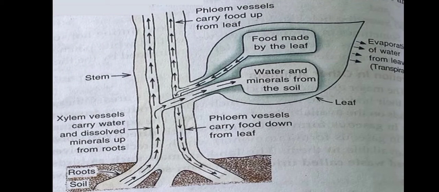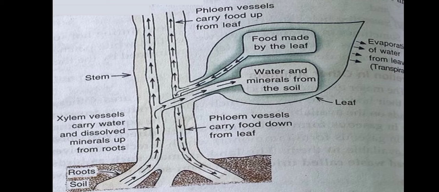In a plant, water evaporates continuously from the leaves through the pores called stomata. This process is known as transpiration. The continuous evaporation of water from the leaves produces a suction force which pulls the water from roots upwards through the stem and branches up to the leaves.